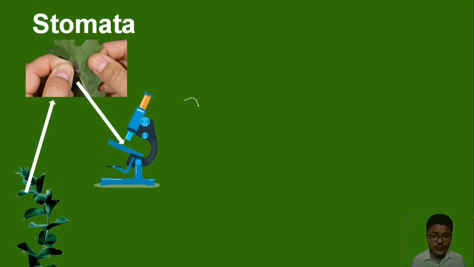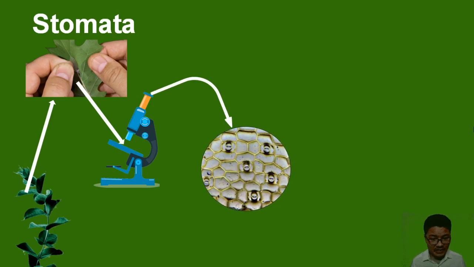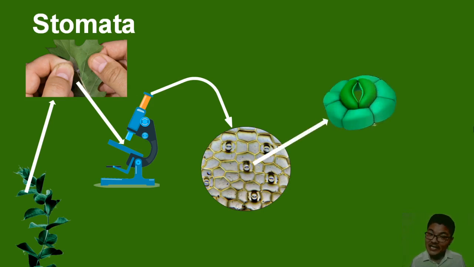In the microscope, if we observe carefully, we are able to see the cells in the leaf peel. If you observe carefully, you are able to see tiny openings embedded in between the epidermal cells. If we carefully observe those tiny openings, we'll see a structure like this.